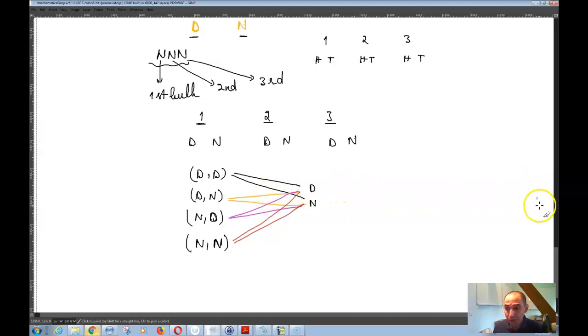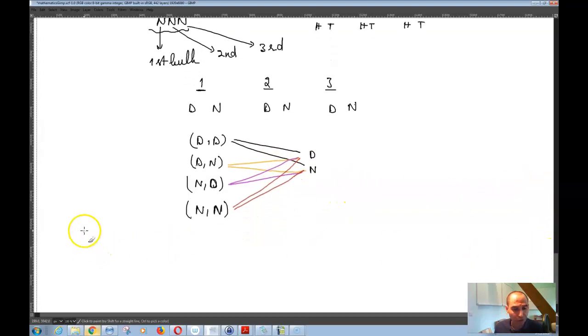So then for this situation, you can write S is equal to, for example, DDD or DDN. This is 4 times 2, so it is supposed to have 8 elements here.